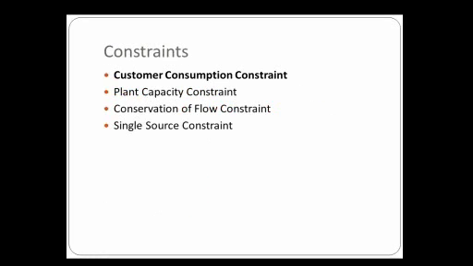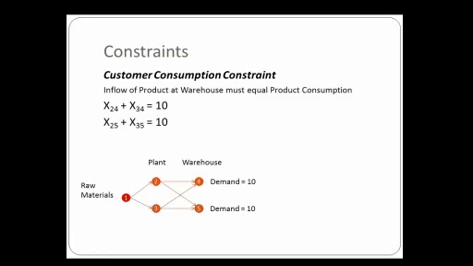The next constraint, if we start looking at the constraints, will be the customer consumption constraint. So assuming that in this case I have a demand of 10 at each of the warehouses, that would give me two equations in here. The first equation I would label X24 plus X34. The amount that's going from node 2 to node 4 plus node 3 to node 4 must equal 10 units each time period.